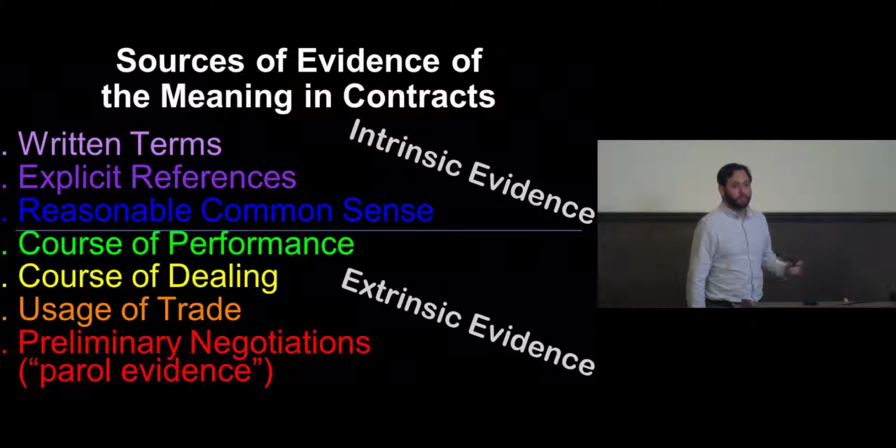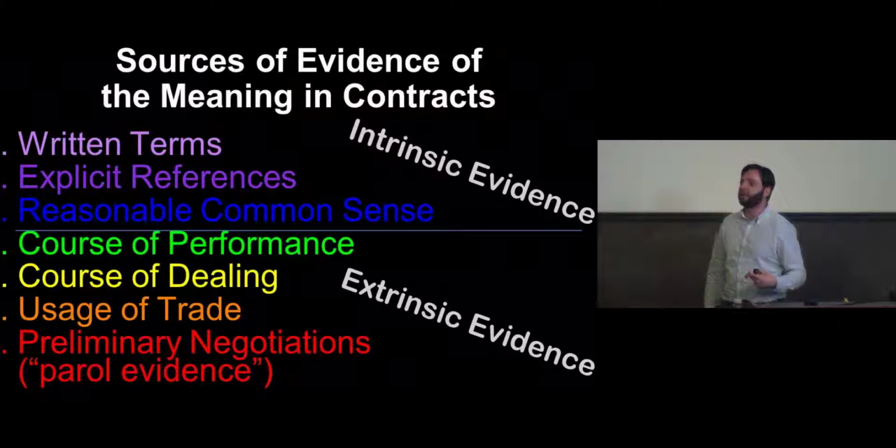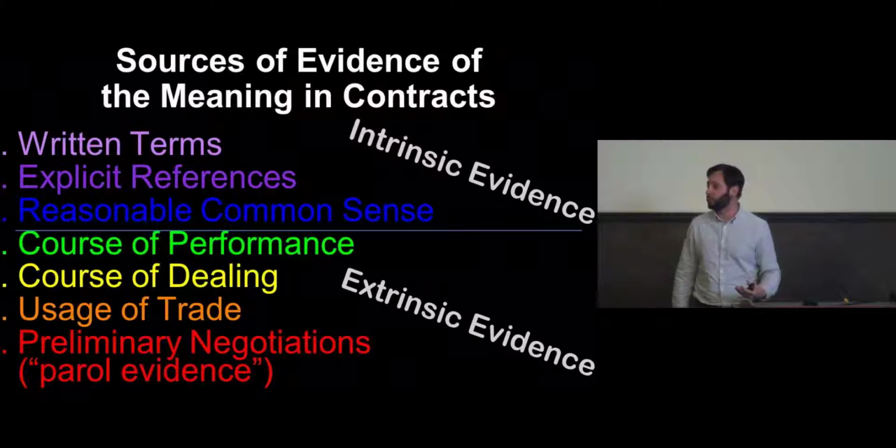We then come to preliminary negotiations, which is a funny sort of evidence because often preliminary negotiations is used for a certain purpose, to add or change a term, to suggest that the parties meant something they did not write down. And in those cases, we employ the parol evidence rule.